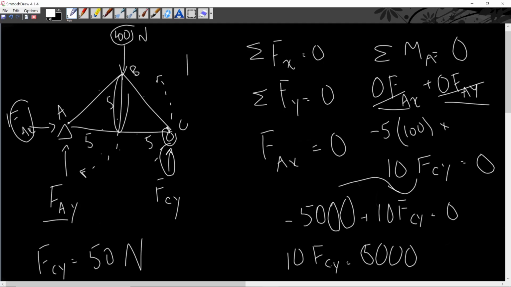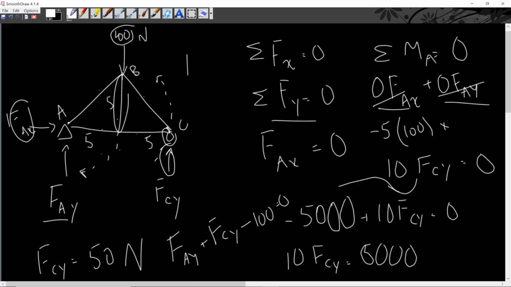which is where we get to how we get FAY. The sum of the forces in the y direction should also equal 0. So we have FAY, that's acting in the positive y direction, plus FCY, again positive y direction, minus 100 equals 0.